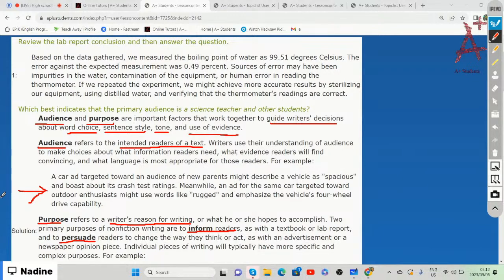That is why they always have a moral to something. Individual pieces of writing will typically have more specific and complex purposes.